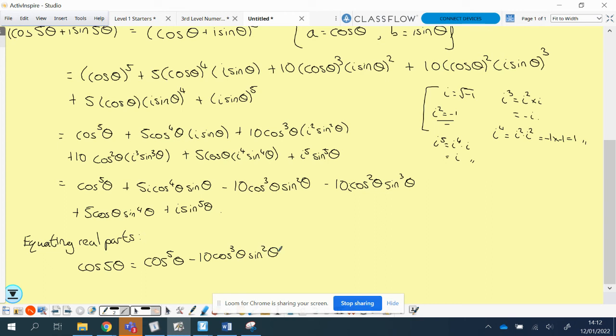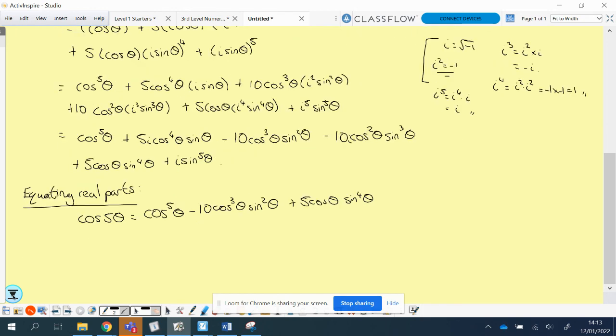The next one did have an i, so minus 10i there, so we're not going to use that. Then it's going to be plus 5 cos theta sine to the power 4 theta. Okay, so that's what cos 5 theta equals. We've done that just by equating real parts there.